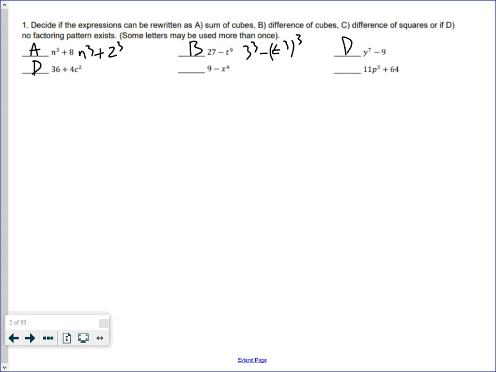So sum of squares isn't an actual thing, so no factoring pattern exists. 9 minus x to the 4th, that's C, a difference of squares. We can rewrite that as 3 squared minus x squared, all squared. And you have an actual difference of 2 squares. 11p to the 3rd plus 64, that's D as well. There's no factoring pattern that actually exists there.